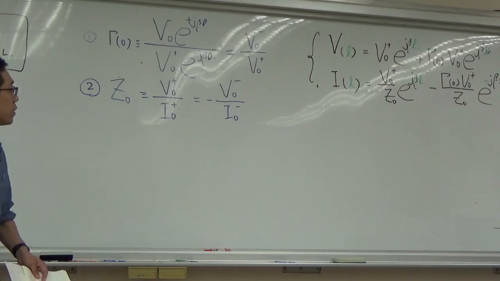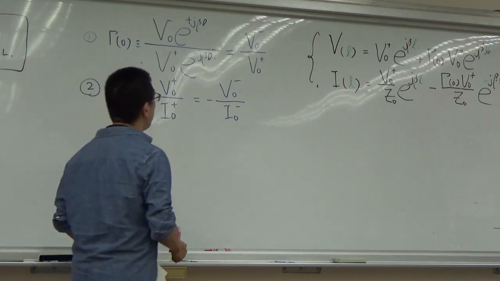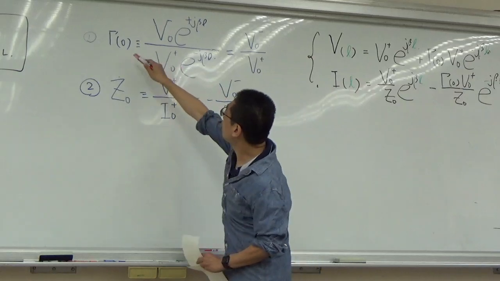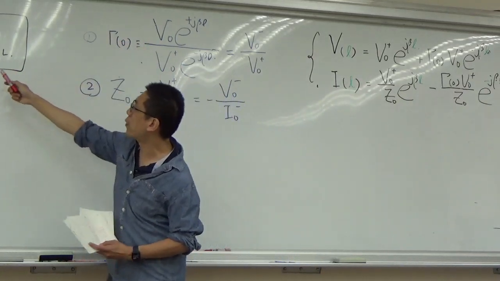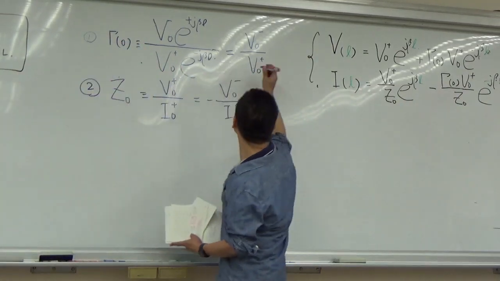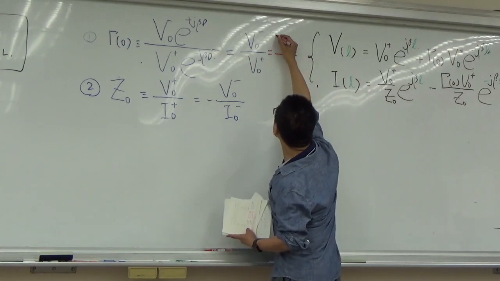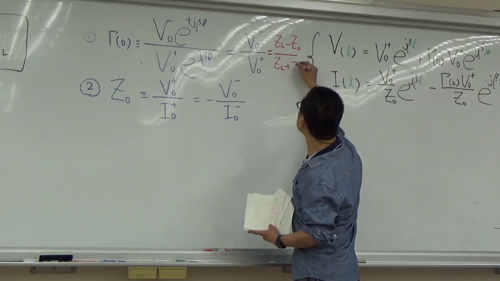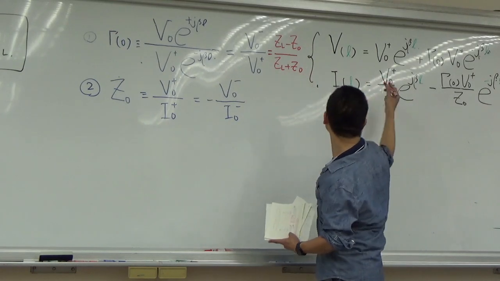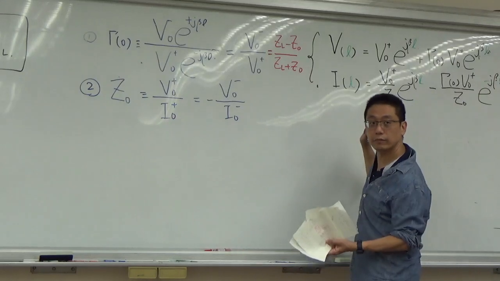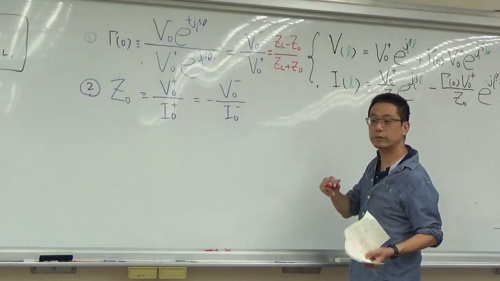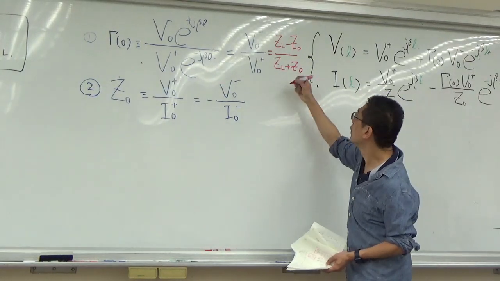And last week, we did define something important. Remember, I just write down the result. The reflection coefficient at this point equals ZL minus Z0 over ZL plus Z0, according to some calculation. We did that before. If you forget, maybe you can go back and check my video, okay?